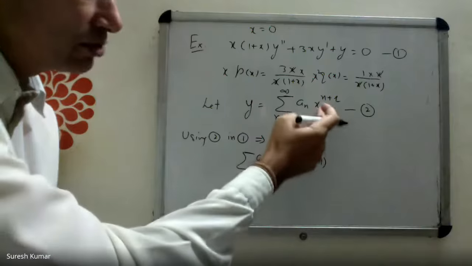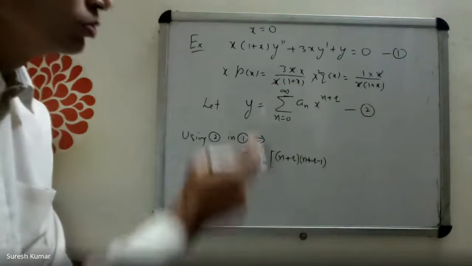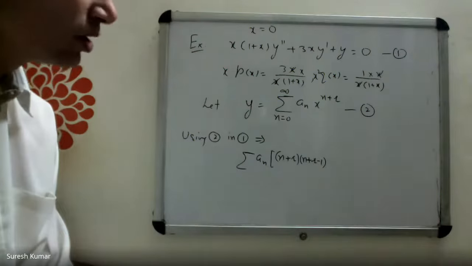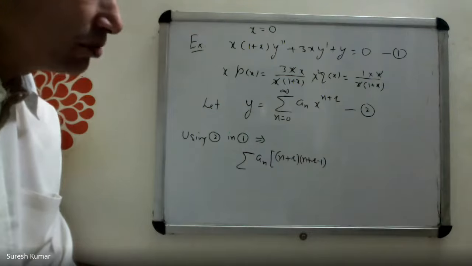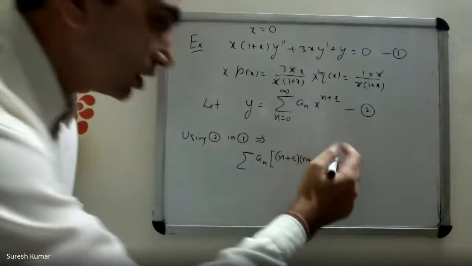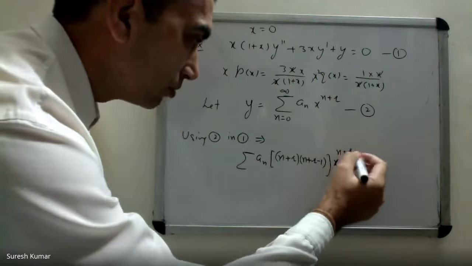By two derivatives, it is x power n plus r minus 2. Multiplied with x means x power n plus r minus 1. Do you think that you will get x power n plus r minus 1 from somewhere else? No, sir. So let's write it here itself. X power n plus r minus 1.